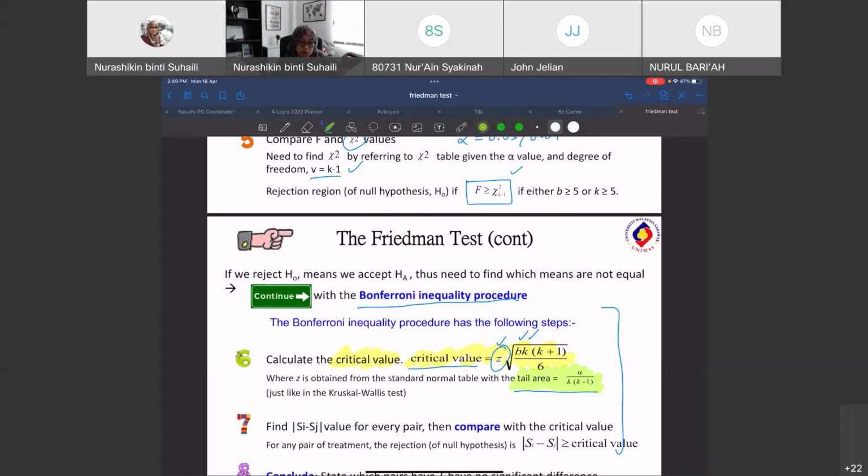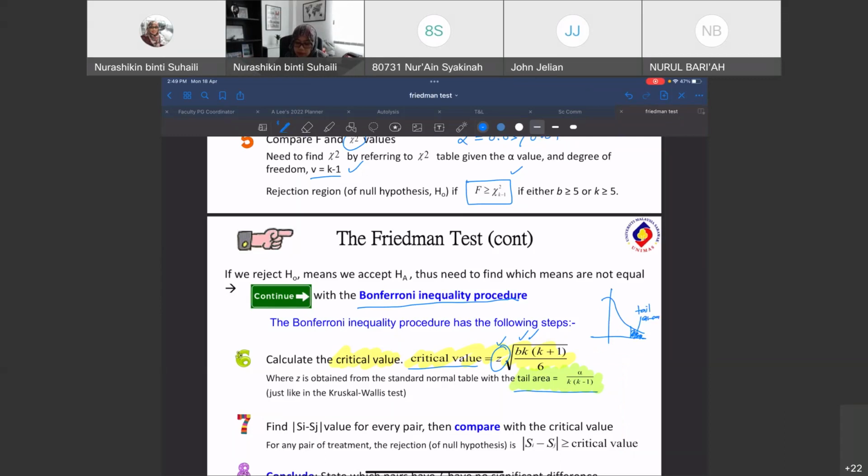So once you solve the tail area, what does the tail area mean? If it is in the normal table, it's given in the tail. This is the tail area. The shaded region is the area.